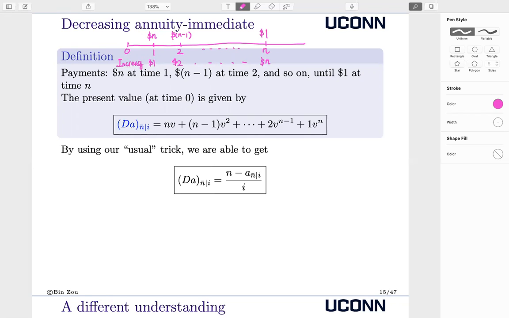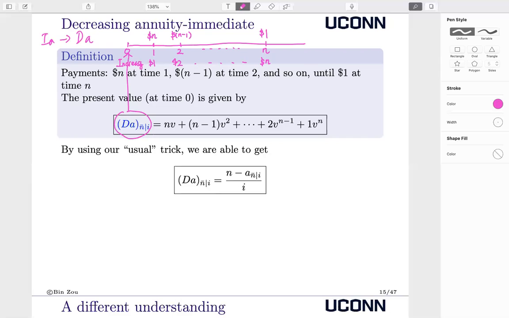As always, I want you to write down all the terms. So let's say we want to study the present value. It would be this notation. It is at time 0. Notation-wise, it's easy to understand. Now we deal with decreasing, so we change IA to DA.